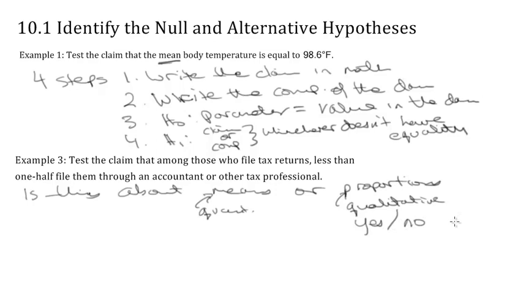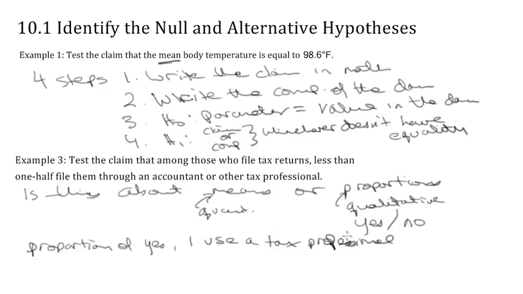No, I do it myself. So it's qualitative. I can't take the mean of a bunch of yeses and nos, but I can count the proportion of yeses. So yeses is the data that I'm looking for. Proportion of yes, I use a tax professional. So that's what we're checking.